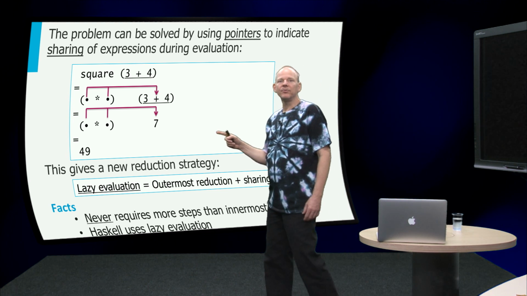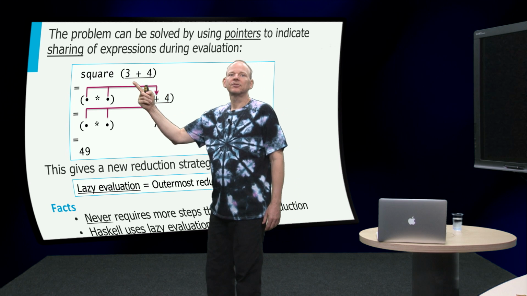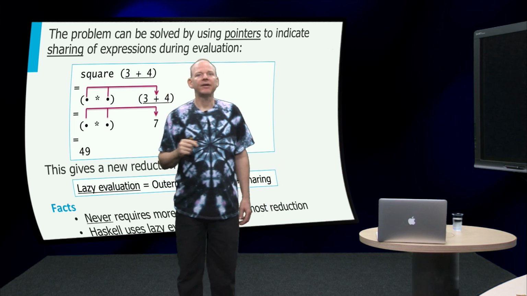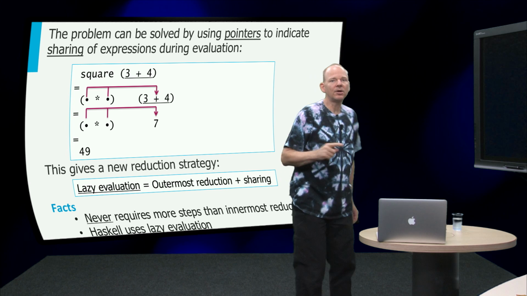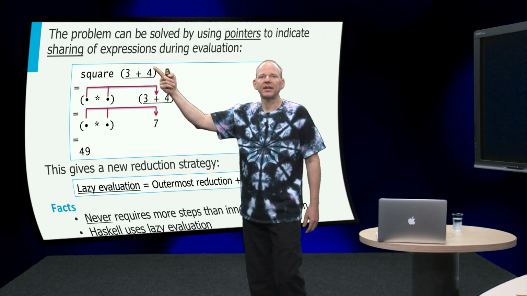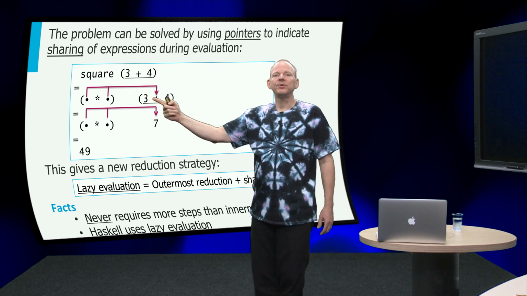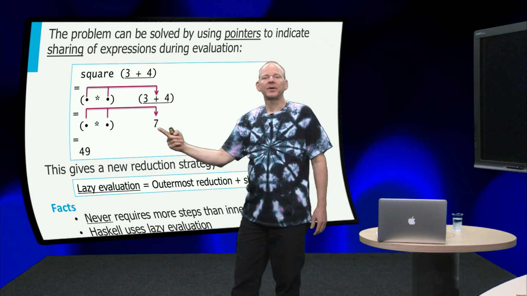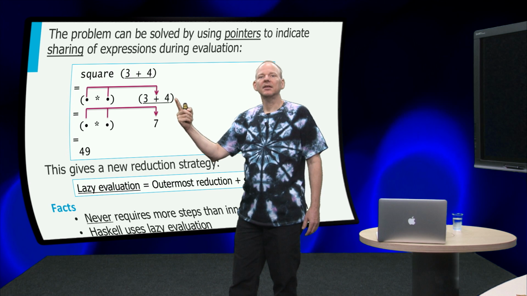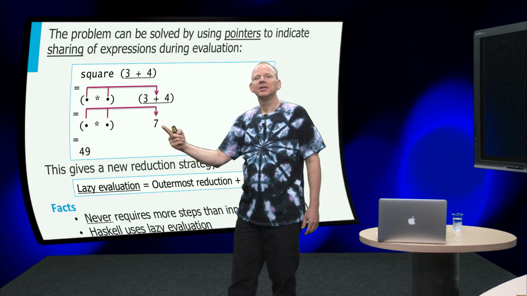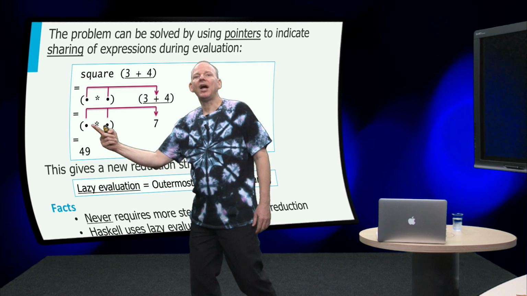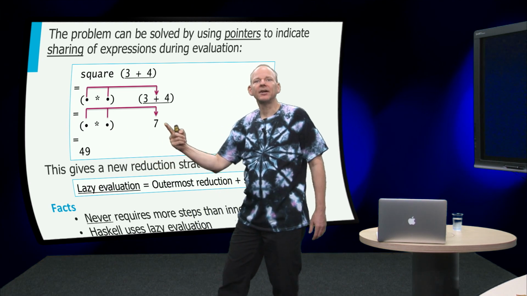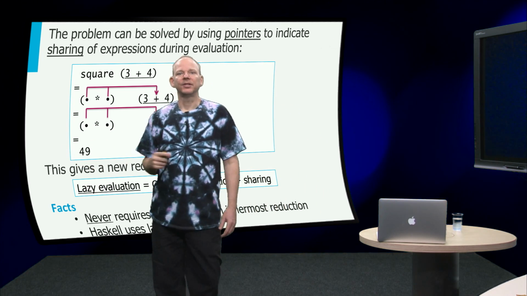So when we substitute 3 plus 4 into the definition of square, we don't just copy that expression 3 plus 4, but we share it. So we have pointers to that expression such that when we reduce it once, it returns 7, and now the results are shared, and then we get 49.